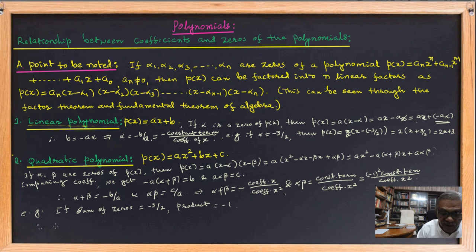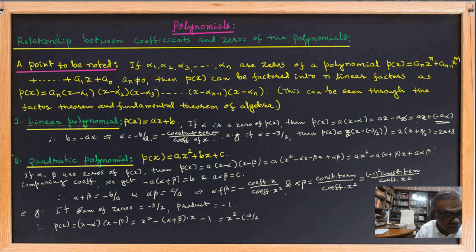Therefore we can write down p(x) is equal to, if alpha and beta are the roots, (x minus alpha) into (x minus beta), and this is equal to x square minus (alpha plus beta) into x minus 1, and this can be written as x square minus (alpha plus beta), where alpha plus beta is equal to minus 3 by 2, so minus of minus is going to be plus 3 by 2.